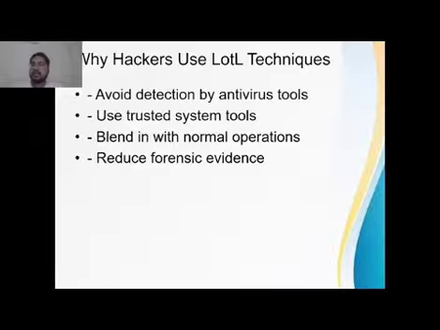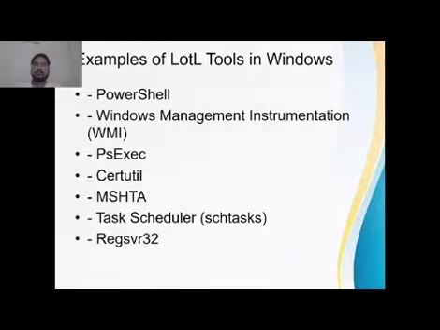This makes LotL a favorite of advanced persistent threats, or APTs. So why do hackers use LotL techniques? First is avoiding detection by antivirus tools. Second is using trusted system tools. Third is blending in with normal operations. Fourth is reducing forensic evidence.